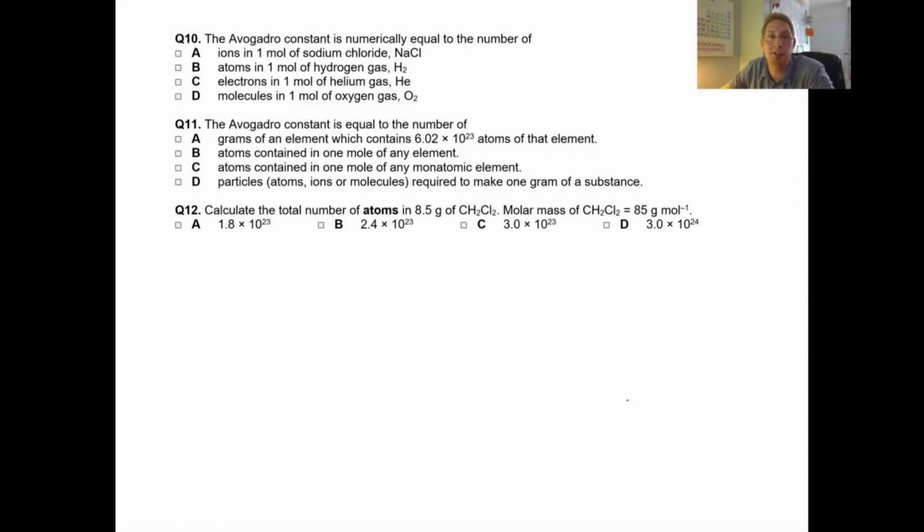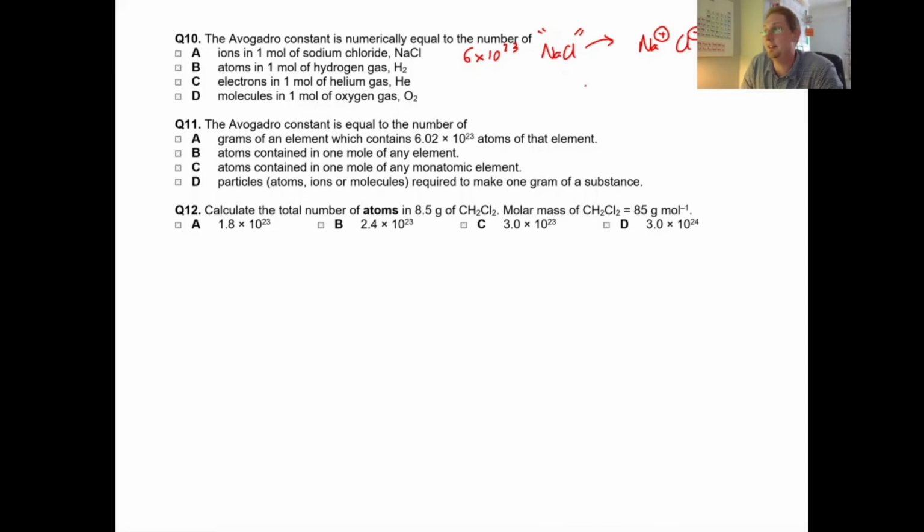The Avogadro constant is equal to the number of. Okay, so let's think about 1 mole of sodium chloride. That means we've got 6 times 10 to the 23 NaCl particles. That's 1 mole of NaCl. But each one of those has got an Na plus ion and a Cl minus ion. So that actually has 2 moles of ions.